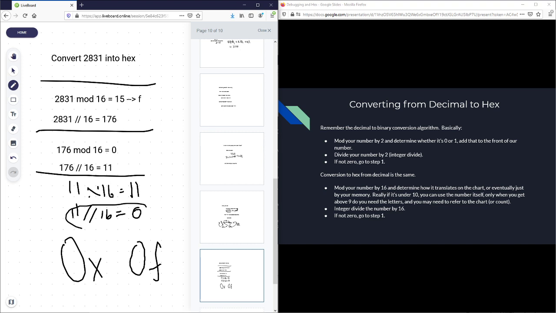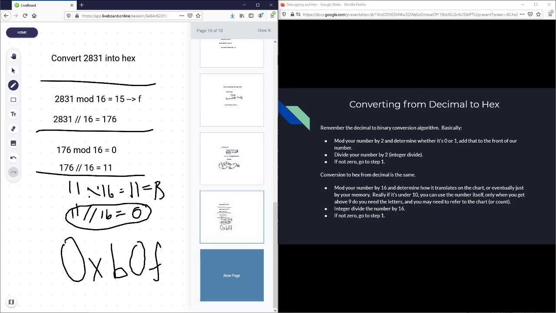So this is when we stop. So the question is, what is 11? Well, 10 is A, 11 is B. So this is B0F. So that's the hexadecimal equivalent of this.